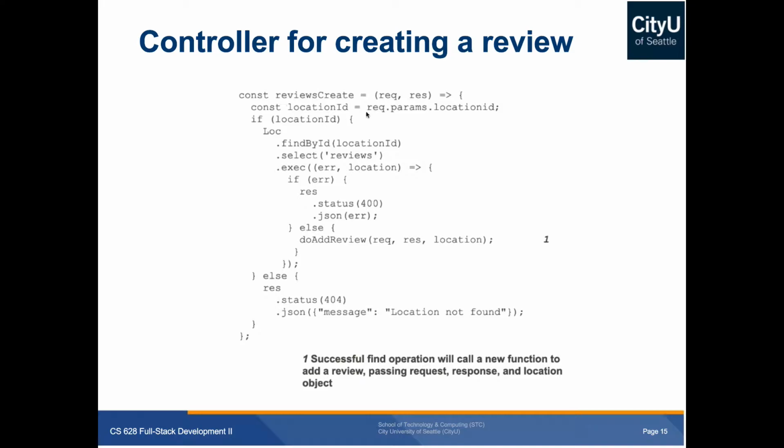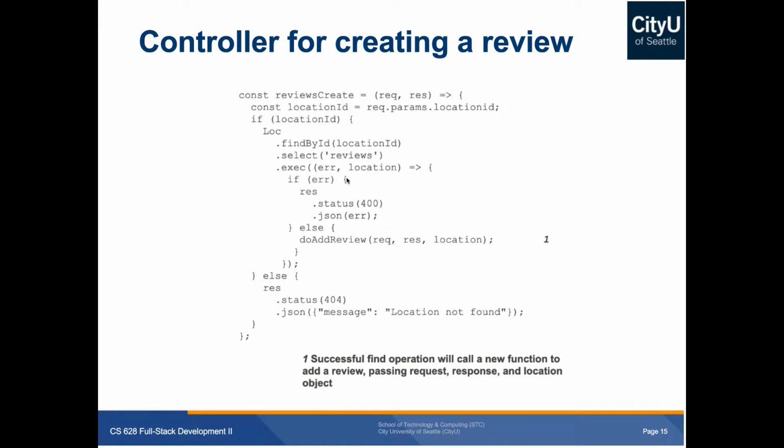If the location ID exists or was included in the params, then we can proceed with this code, wherein in the location model, let's find by ID this location, right? If we find the location, then select the reviews, which is the subdocument, then let's execute the query.